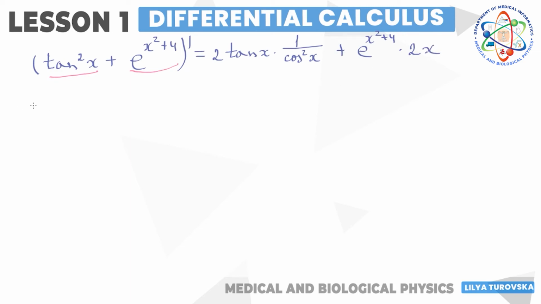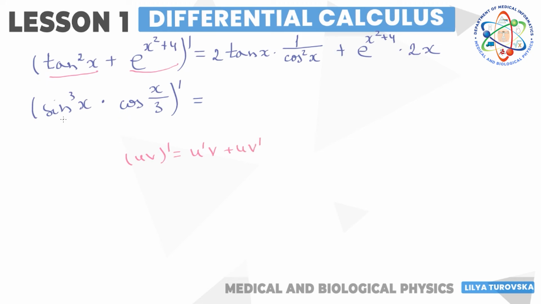And one more example is sine cubed x times cosine of x over 3. So what do we have here? We have the product of two functions, again two composite functions, and we should use the product rule. Let's recall that the product rule: the derivative of u times v is u prime v plus u v prime.